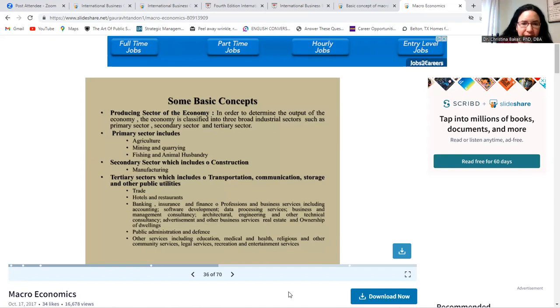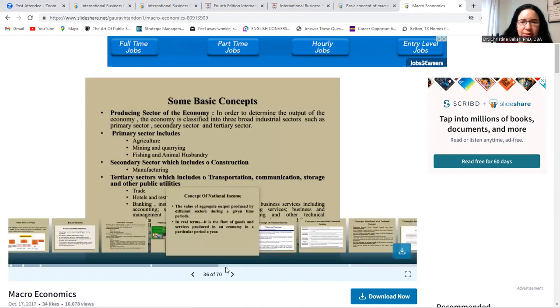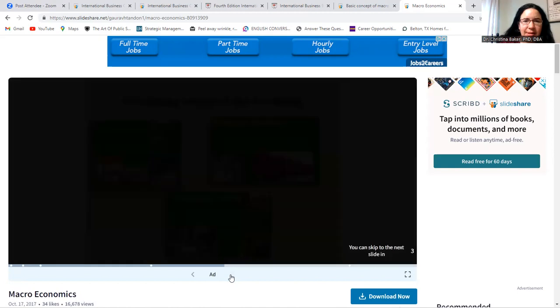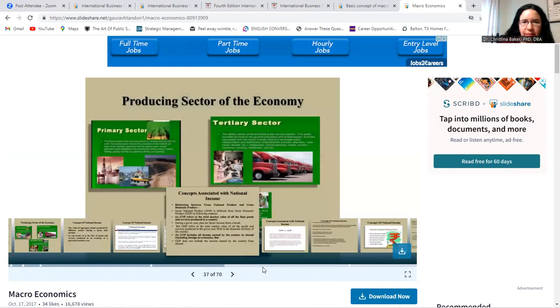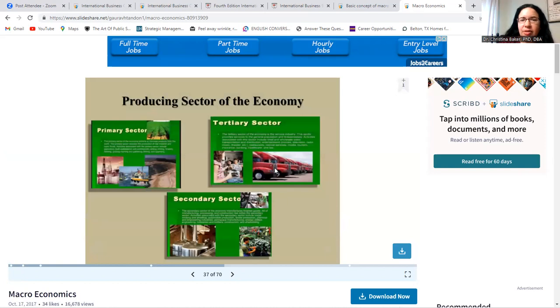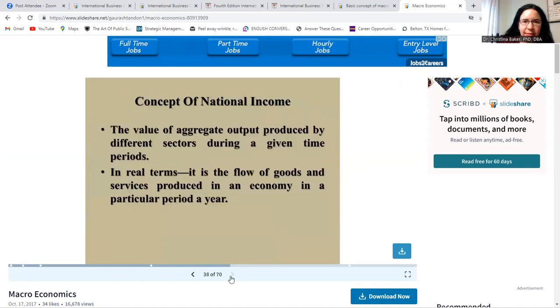Public administration and defense, other services including education, medical, health, religious, and community services, legal services, recreation, and entertainment services. We have the producing sectors of the economy: primary sector, tertiary sector, and secondary sector.